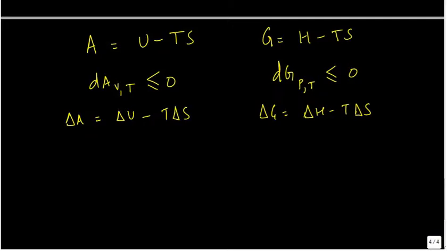If this term, T delta S, is positive, which means delta S is positive, which means the entropy of the system is increased, then this is a negative term. And if delta A has to be less than 0, then the change of delta U would be positive as well. So I could have an increase in the energy of the system. An increase in the energy means that my heat is going into the system, and because the heat is going into the system, I could have more randomness in the system.